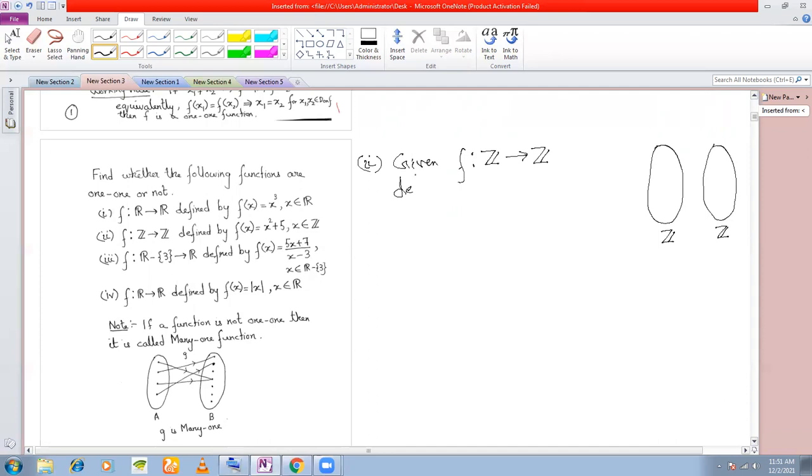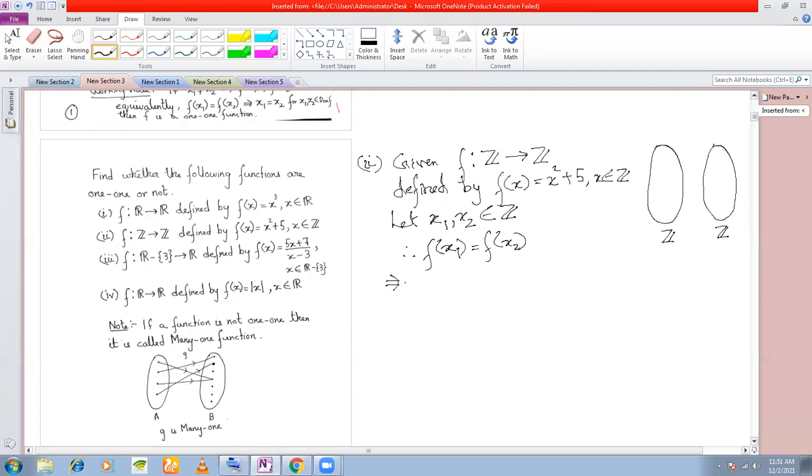Defined by f(x) is equal to x square plus 5, where x belongs to A, which is the set Z, set of integers. So I start by saying let x1, x2 belong to the set A, that is the set of integers. Therefore, f(x1) is equal to f(x2). What is the value of f(x1)? It is x1 square plus 5.